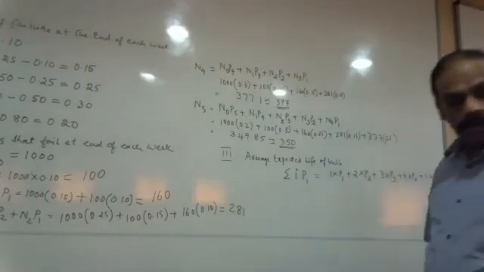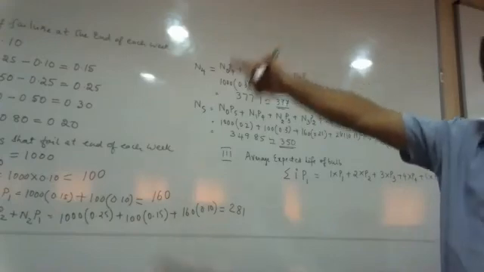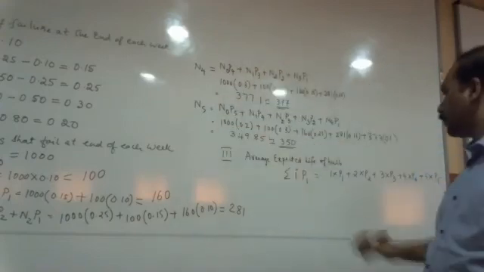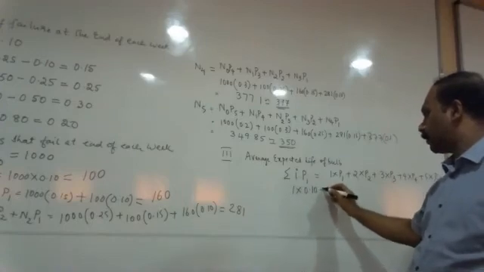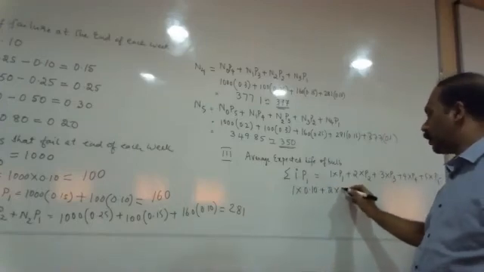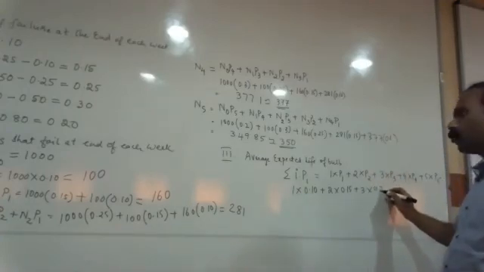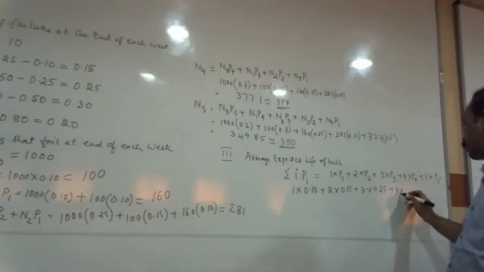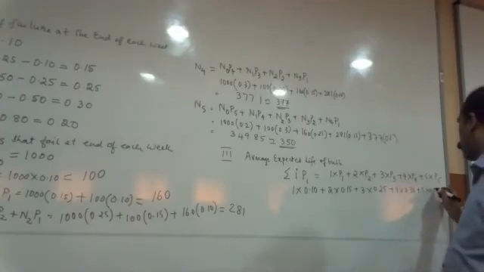Okay, so we know the values of P1, P2, P3, P4, P5. We have already given them in the first step. So 1 into 0.10 plus 2 into 0.15 plus 3 into 0.25 plus 4 into 0.30 and plus 5 into 0.20.